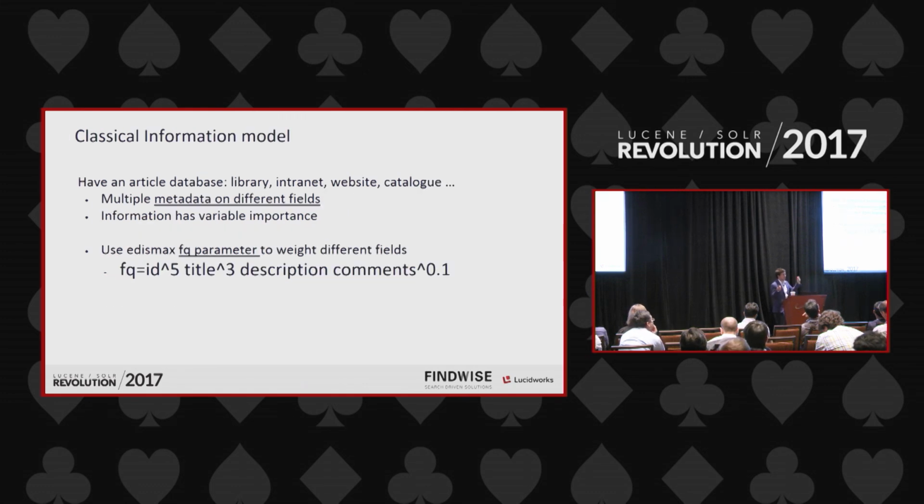Classical information model: we have some kind of CMS or wherever, and we want to search throughout a set of fields. We use the query fields parameter to search on all of them, but obviously our title is not going to be as important as our comments and so on.